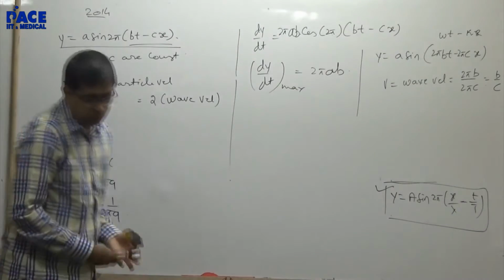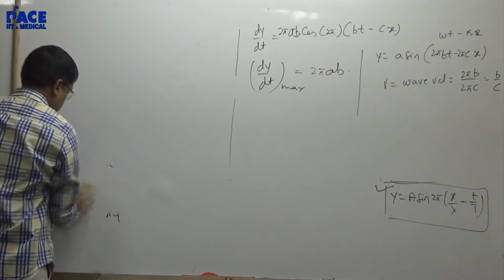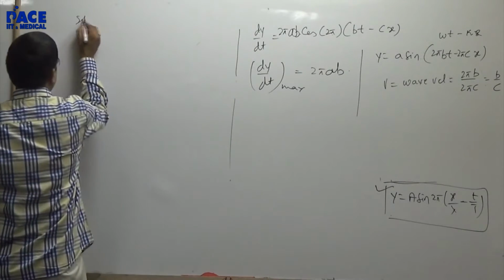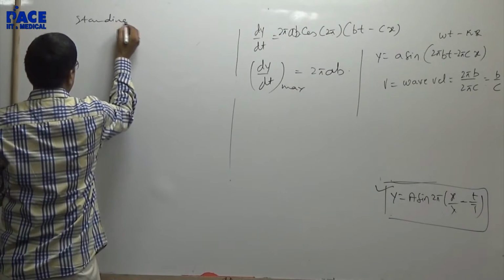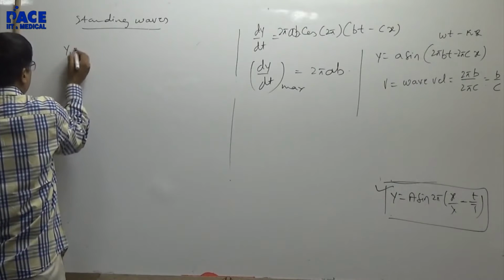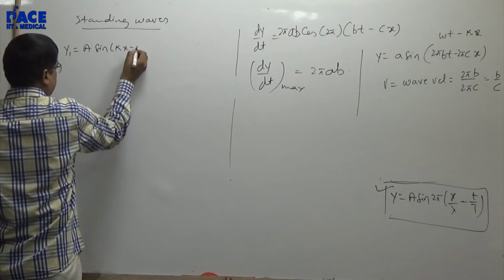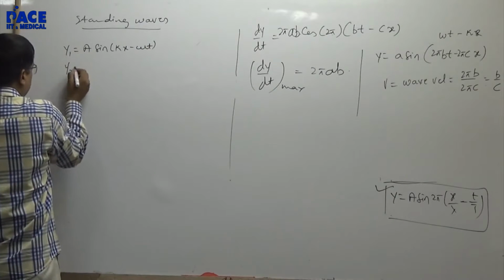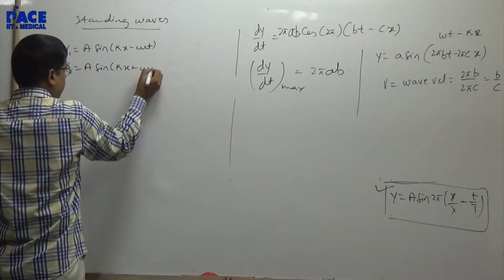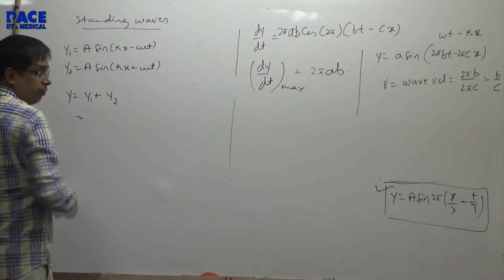Now, when you speak about the general equation of a wave, one more important thing is the standing wave general equation. Standing waves. If y1 is equal to a sin kx minus omega t, y2 is equal to a sin kx plus omega t, then y is equal to y1 plus y2.